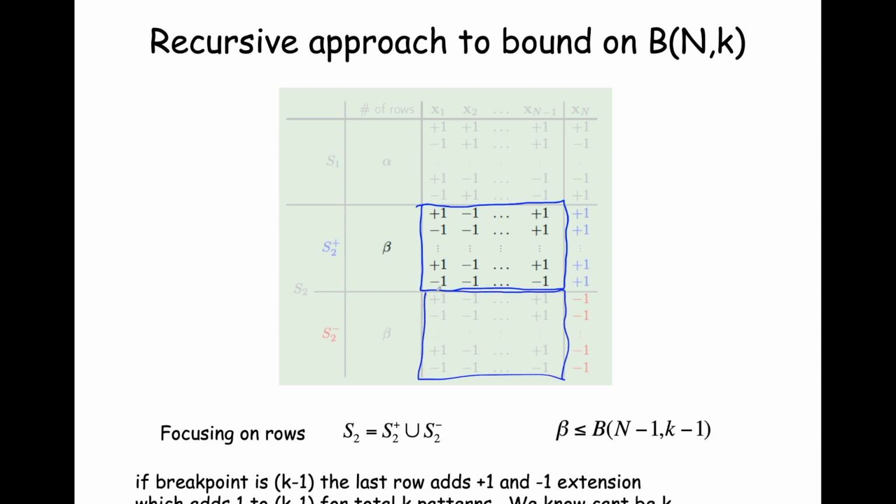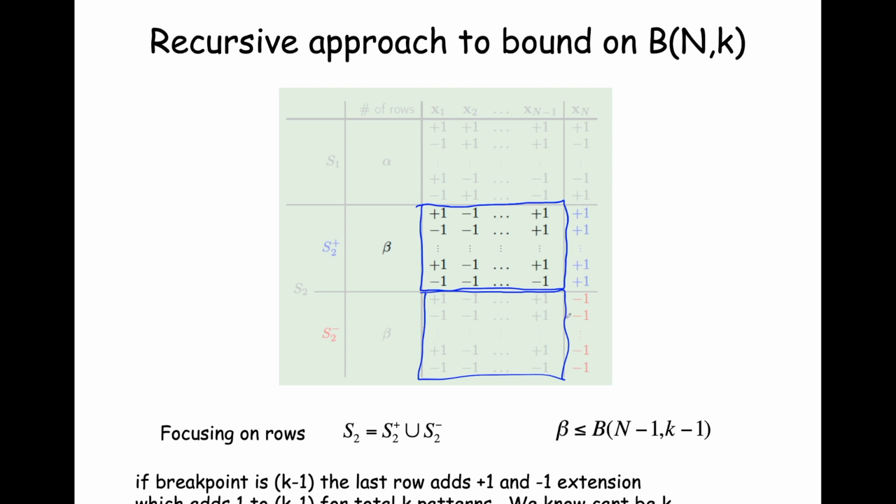And so we have some number of dichotomies. And we said that for these dichotomies, the S2 plus and the S2 minus sets, the only difference was that nth digit, that nth position. And so one copy can be extended by making that nth position a +1, and the other can be extended by making that nth position a -1.